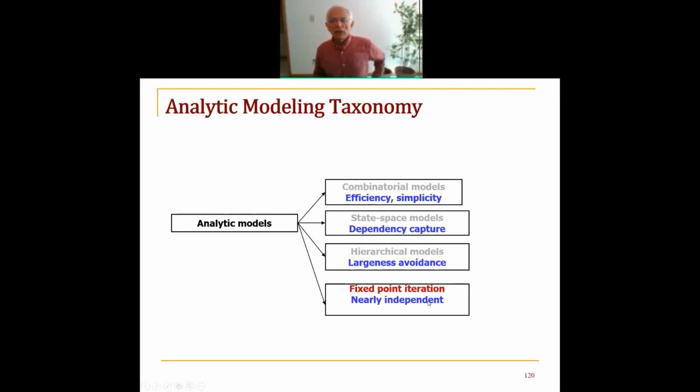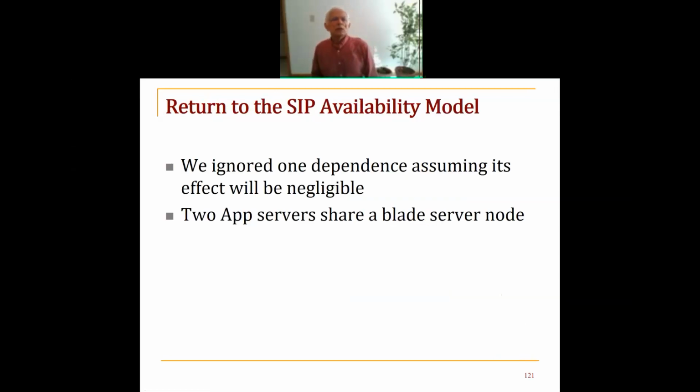So there are two examples of fixed point iteration I have here. The first one I'm going to browse through, not go through details. The second one I'm going to take a little bit more time. But there are many more. There's a whole chapter on fixed point iteration in the new book. So where does fixed point iteration arise in our SIP model? Let me briefly tell you.